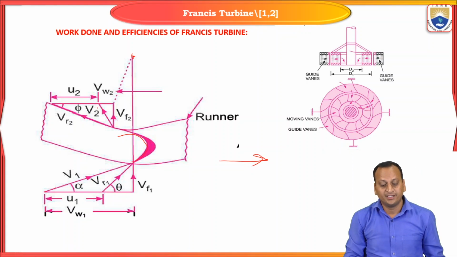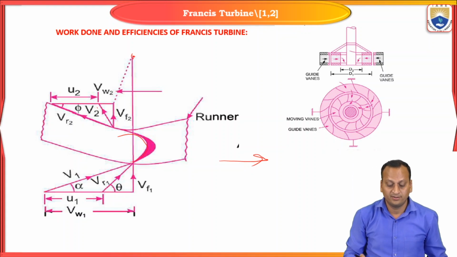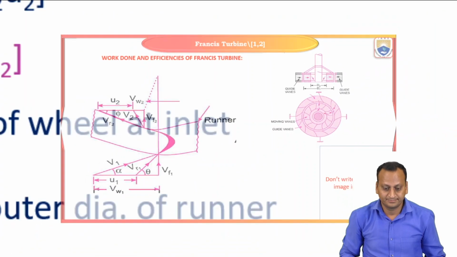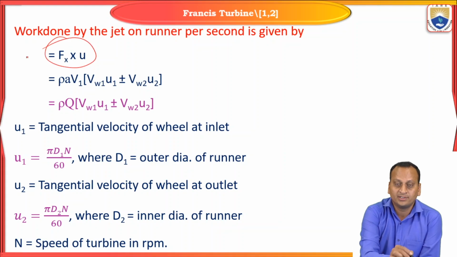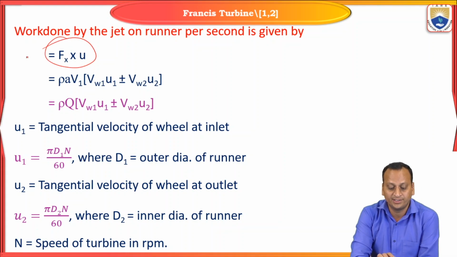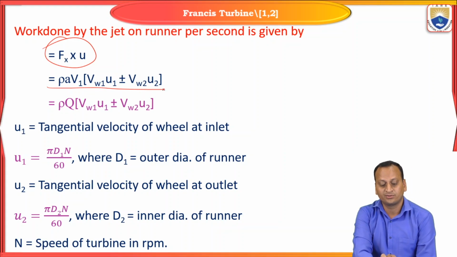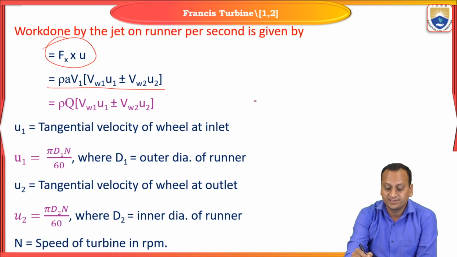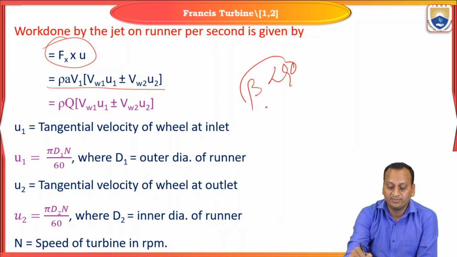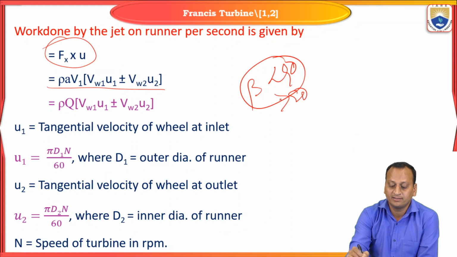In order to determine the work done, we should know the velocity triangles of a Francis turbine. Work done is force into distance, the force in the x direction into u. We derived in previous classes that the force is rho a V1 into Vw1 plus or minus Vw2. When beta is less than 90 degrees in the outlet velocity triangle, it is plus; if it is greater than 90, minus.